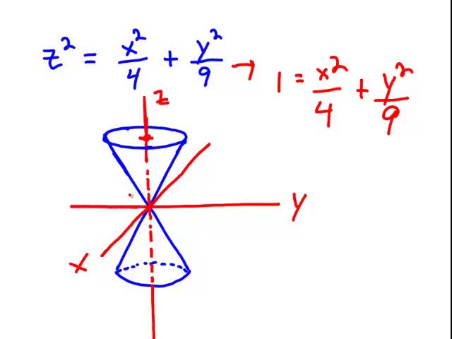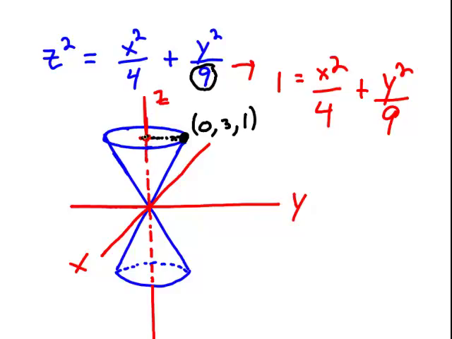Okay, so if you want to mark your scaling correctly, you could just put in a relevant point. Let's talk about what this point right here would have to be. From the center of the ellipse, you're going to go out a distance of 3. So this point would have to be 0 on the x, 3 on the y, and 1 on the z.